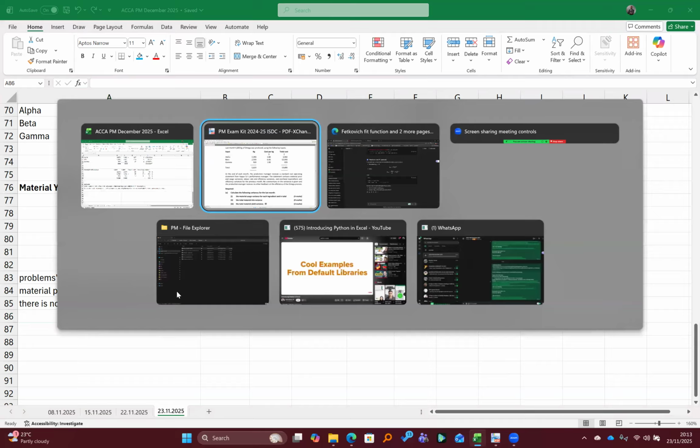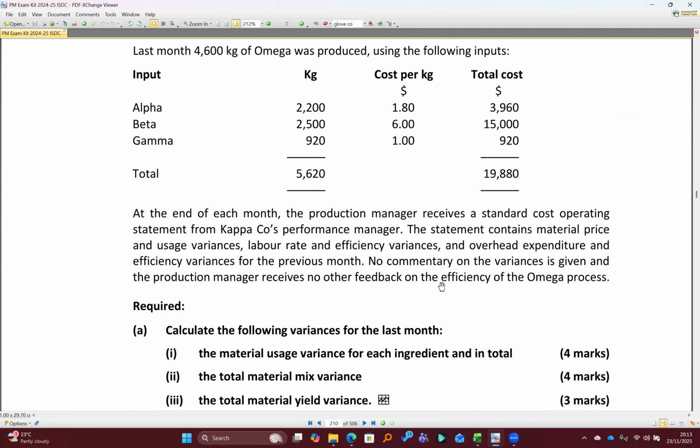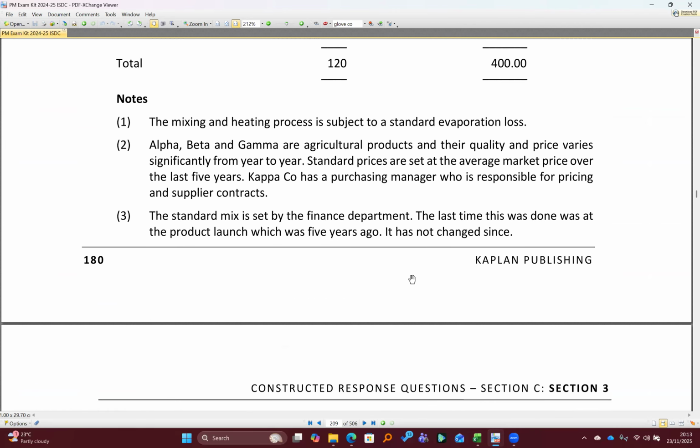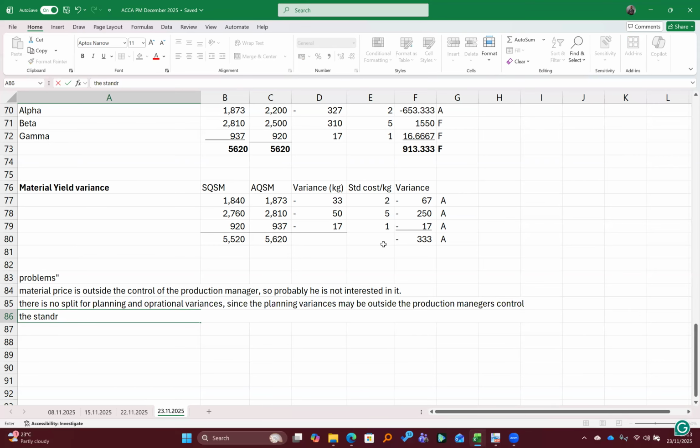Then we have to pick things that were taught to us that the standard cost was set 5 years ago, which may no longer be a realistic standard.